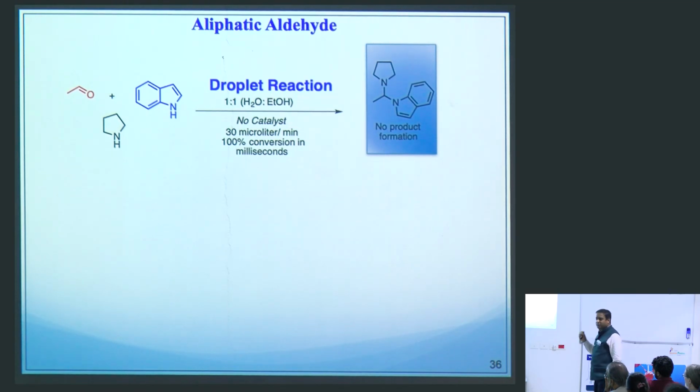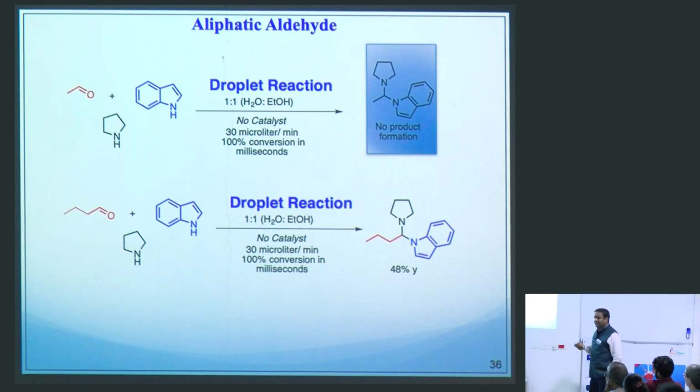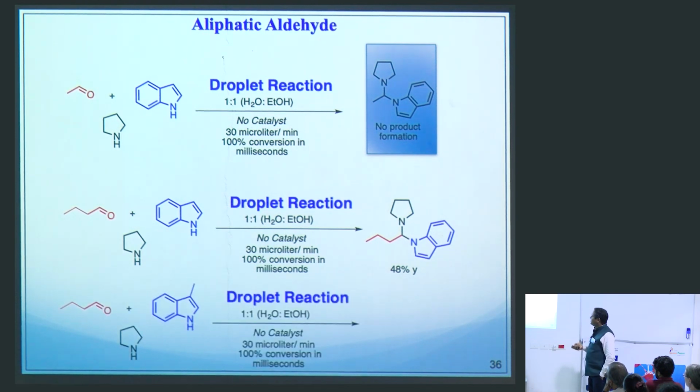When we spray at very high pressure, it evaporates. Hence, we are unable to get the product. These are some challenges in microdroplets, and still these kinds of things will be solved in the future. Also, we extended to various other aliphatic aldehydes, and with high boiling aldehydes such as butyl, we are able to get the product. In all the cases we obtained excellent yield.